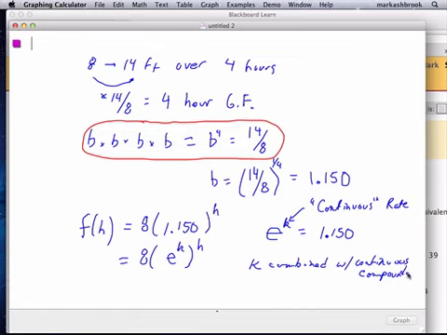Okay, so K combined with continuous compounding will give us an actual percent increase of how much per hour? In this case, what's the actual percent increase per hour? It's actually increasing exactly how many percent per hour?